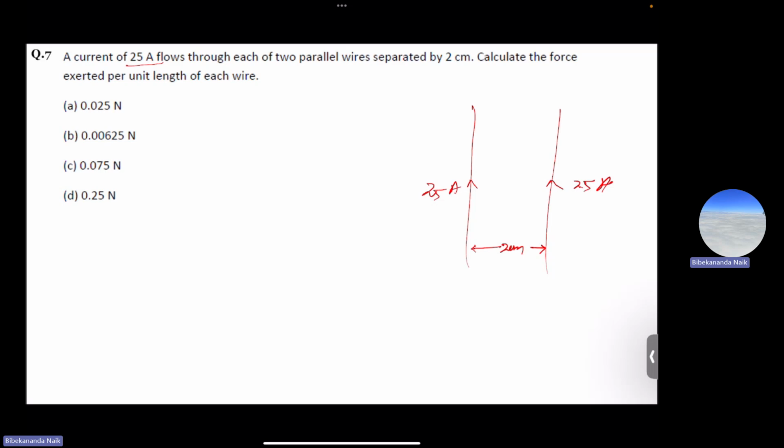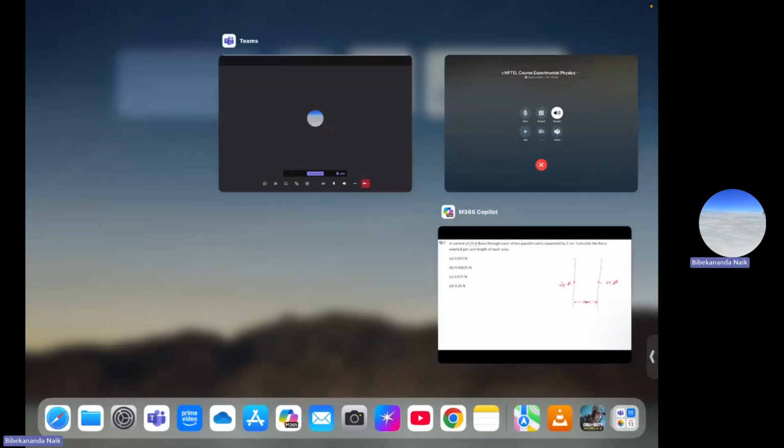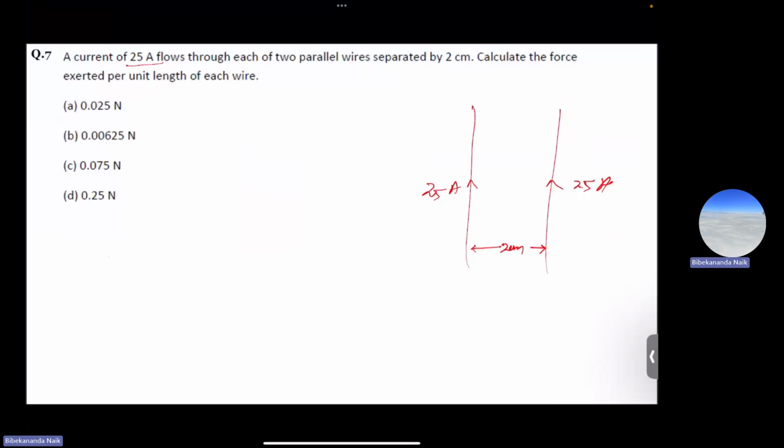So the force per unit length between two conductors carrying current I1 and I2 and separated by a distance d is given by the formula F equals mu 0 by 4 pi into 2 I1 I2 divided by d Newton.